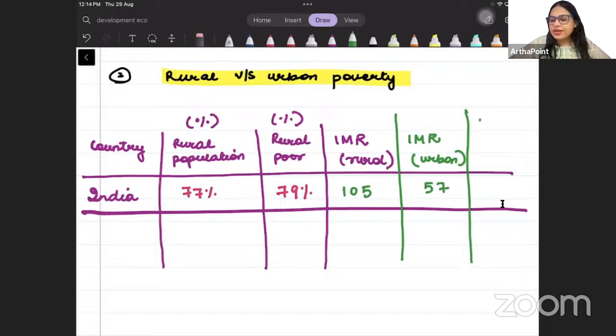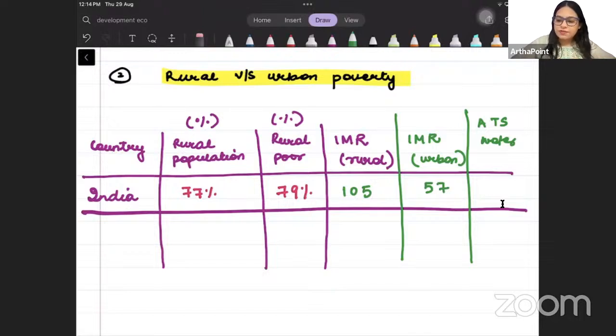Next is access to safe water. 50% of the people have access to safe water in the rural area, whereas in the urban area it is 76%.